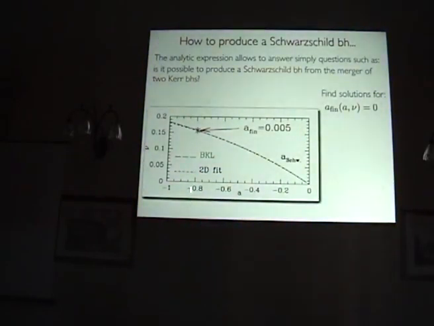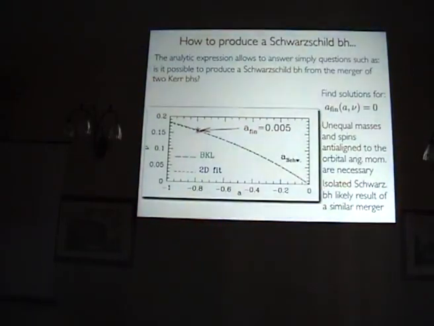What is interesting to note is that you never go to 0.25 here. This means essentially that you really need unequal masses and spins anti-aligned to the orbital angular momentum in order to do this trick. This also tells you that if you find an isolated Schwarzschild black hole, then that's very likely to be the result of a merger rather than the result of stellar evolution.